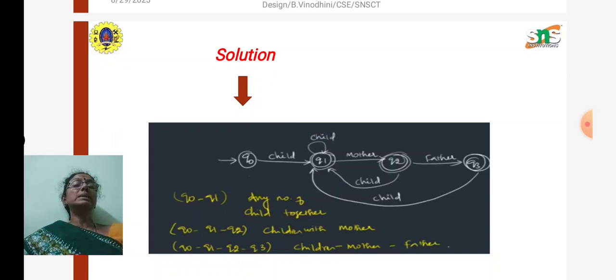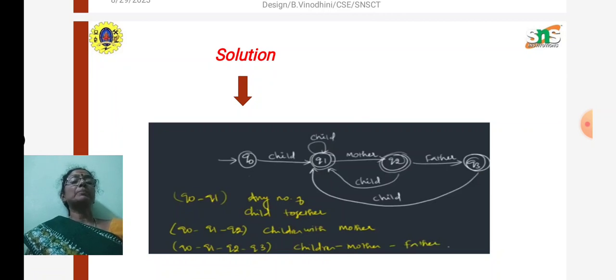The second option is a child followed by the mother. First start with q0, a child is read, and at q1 when the mother comes it goes to q2. So at q0, q1, q2, the child and mother combination is acceptable. The third one is a child, mother followed by the father.